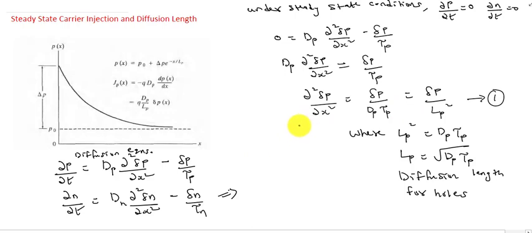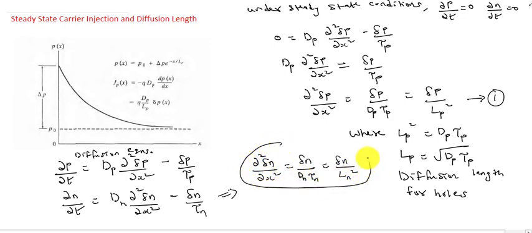Similarly, we can substitute for ∂n/∂t, and we obtain the electron steady state diffusion equation, that is ∂²δn/∂x² is equal to δn/(Dn τn), which is equal to δn/Ln². We can call this equation 2, and the earlier one is equation 1.